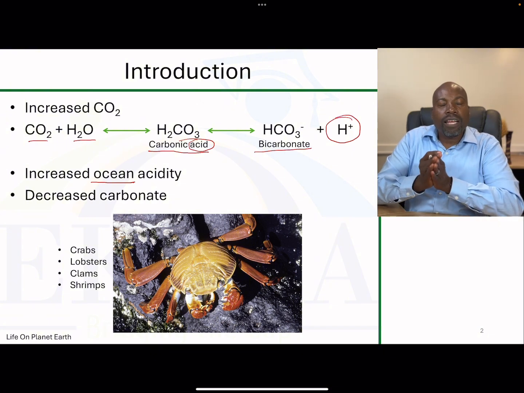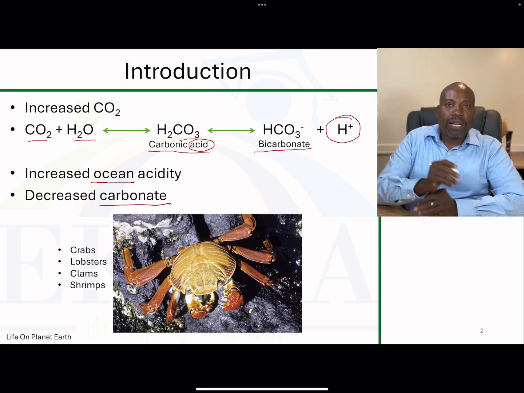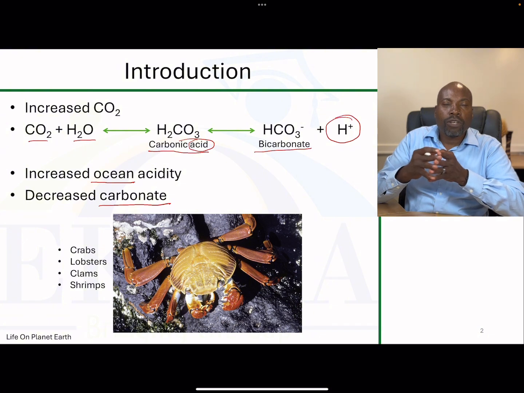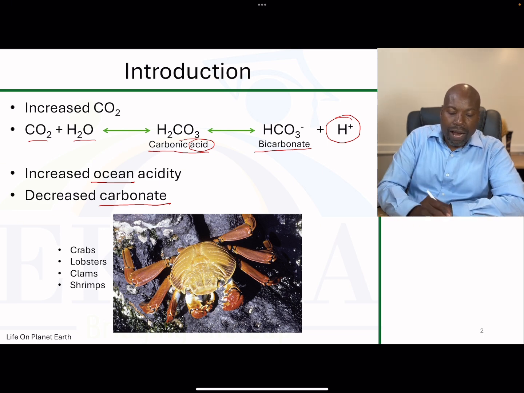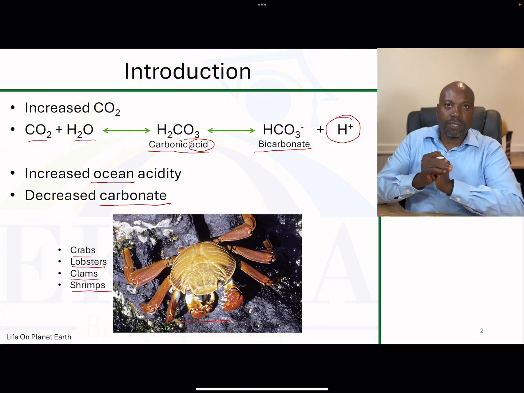As a consequence of that increase in the acidity, we also notice a decrease of carbonate. Carbonate is a chemical that is important for the structure of the exoskeleton of many invertebrates, including crabs, and you see the picture of a crab here, lobsters, clams, shrimps, to name only these.